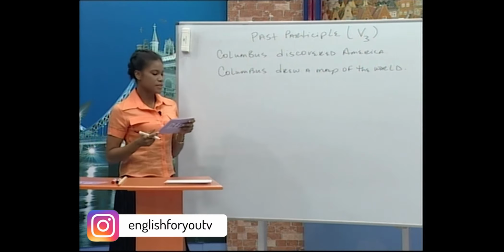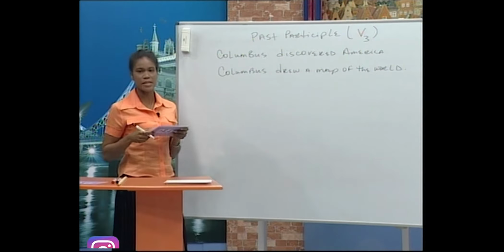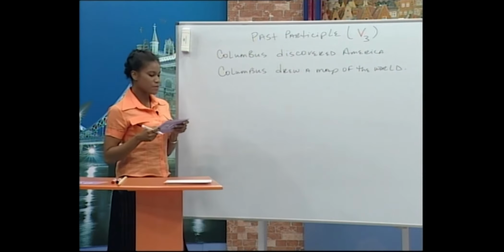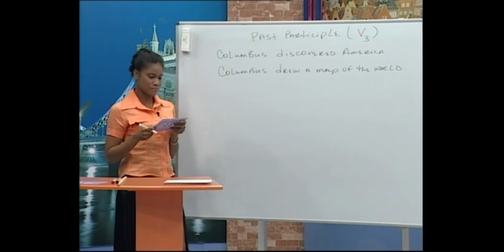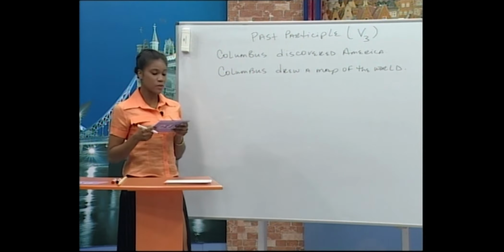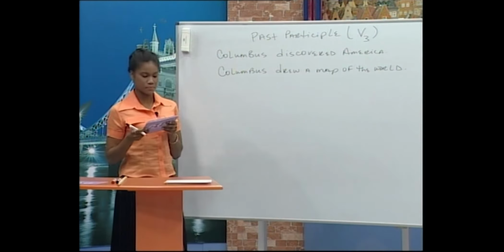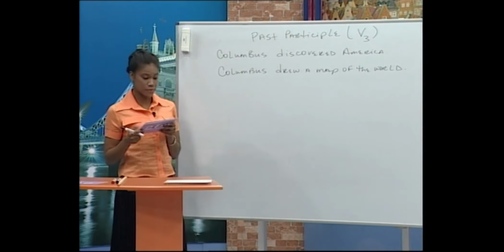In this sentence, the names Columbus and America are both very important information. Now, suppose we are talking about America, not about Columbus. The name Columbus is not important, so we don't have to use it in the sentence. Instead, we can talk about the year of the discovery.